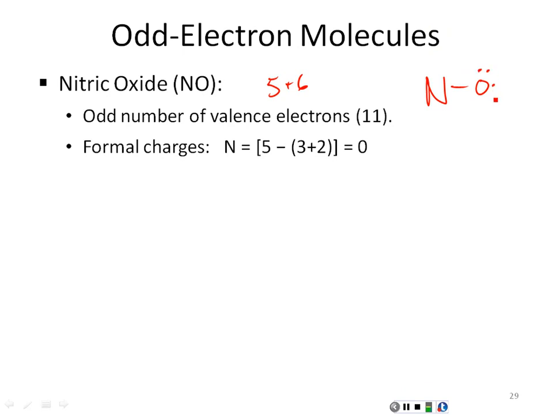if we assign a full octet to oxygen and only the remaining 3 valence electrons to nitrogen, our formal charge would be 0 on nitrogen. We have 5 valence, 3 non-bonding, plus 2 in the bond.